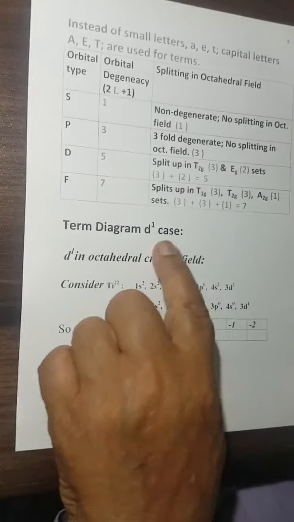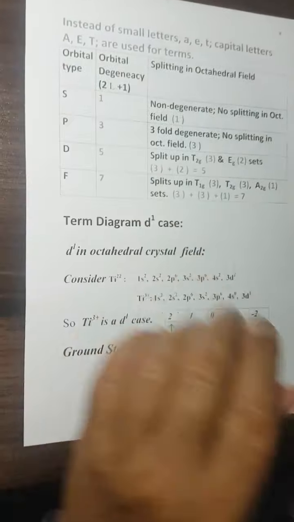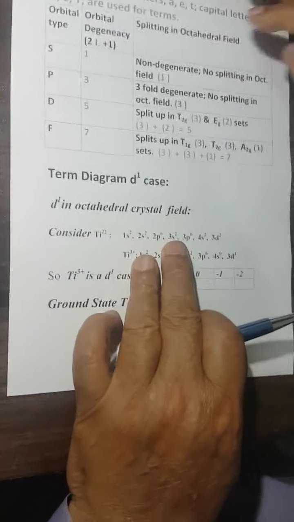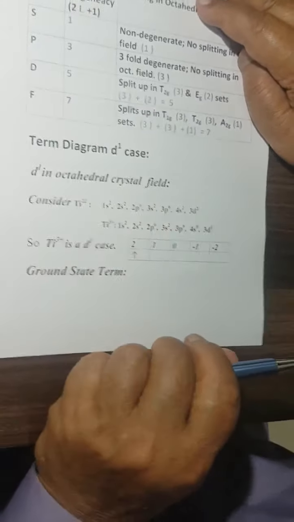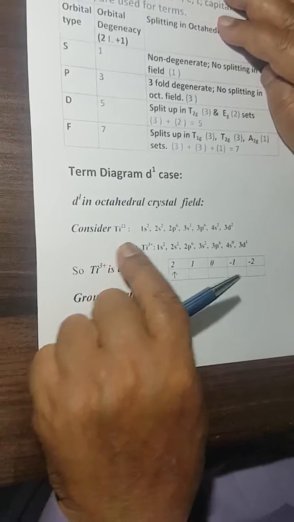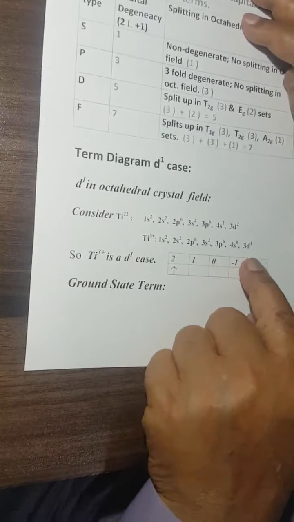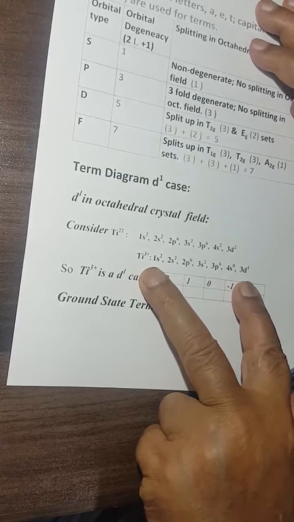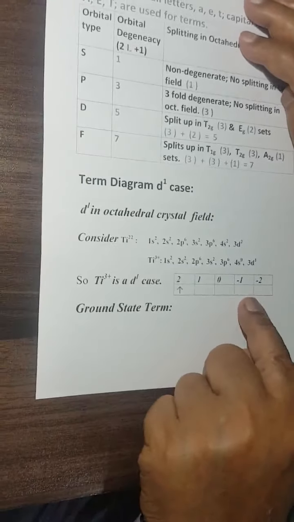So now I'm coming, after explaining so much, to d1 in octahedral. What terms does d1 have? This is the configuration of a d1 system, titanium 3+.